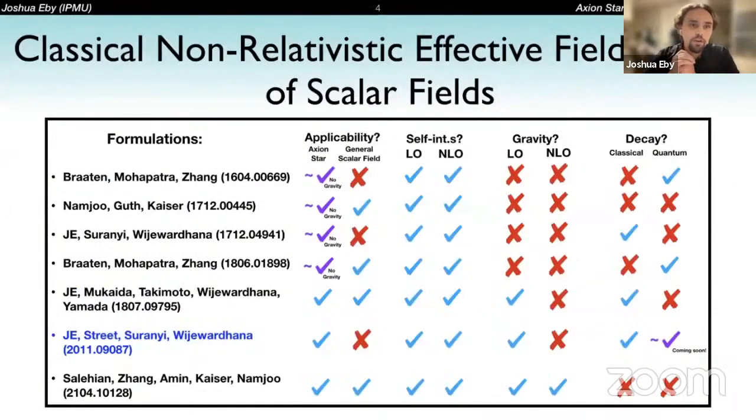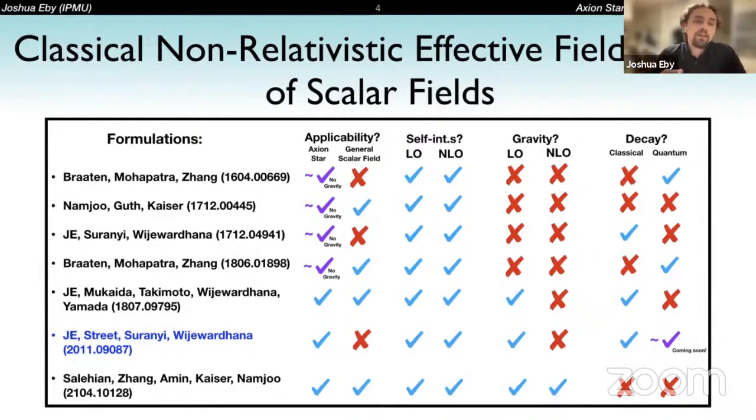Especially over the last 5 or 6 years, there have been at least three to five independent groups developing different frameworks for characterizing the deviations from the non-relativistic limit, both for axion stars and also for sort of generic scalar fields. So it could also be important in cosmological settings.